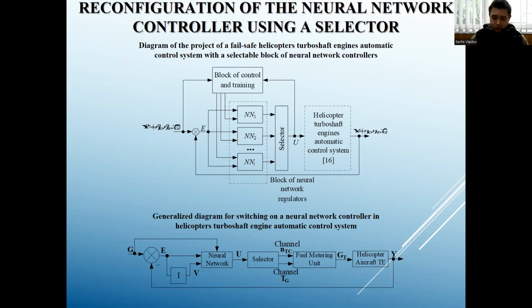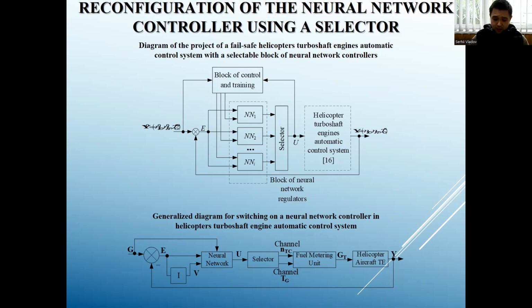diagram of the closed-loop helicopter's turboshaft engine automatic control system, in which a supervisory neural network is used to tune the parameters of a linear PID controller depending on the engine operational status and external conditions, compared to the classical tabular methods of approximating the coefficients.